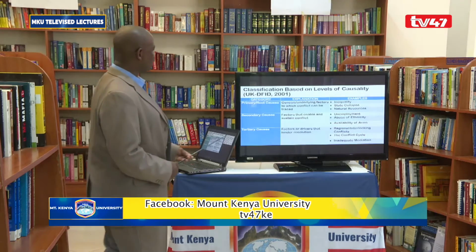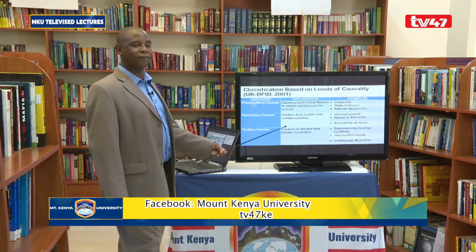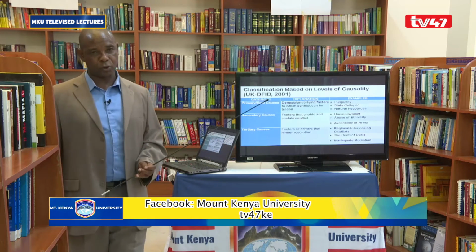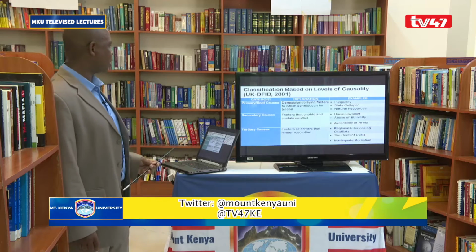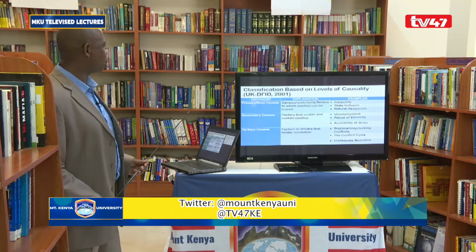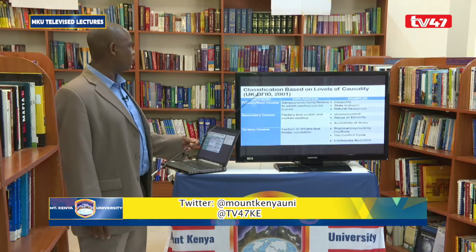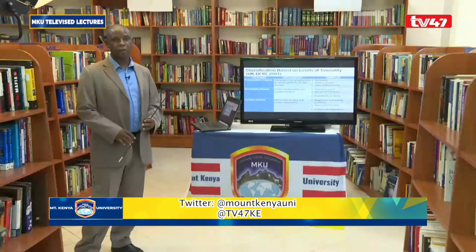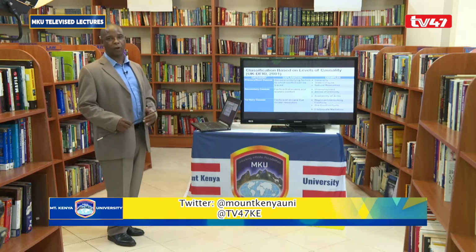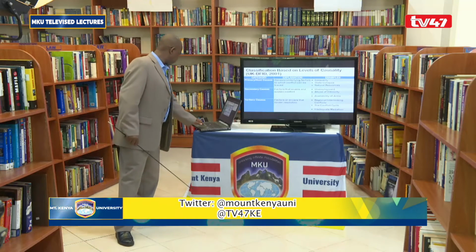Then you have tertiary causes, which are factors or drivers that hinder resolution of a conflict. Examples of those are regional interlocking conflicts, the conflict circle, and inadequate mediation. We'll go through each of these to explain how they apply to African situations.